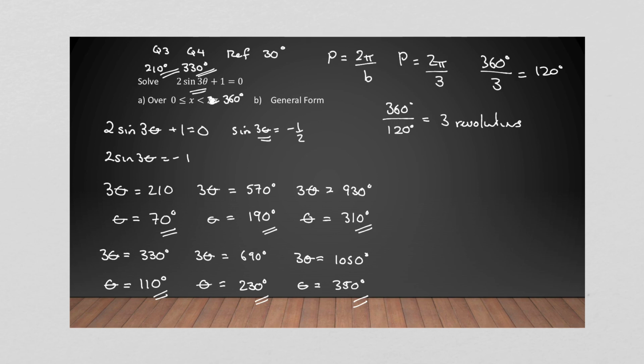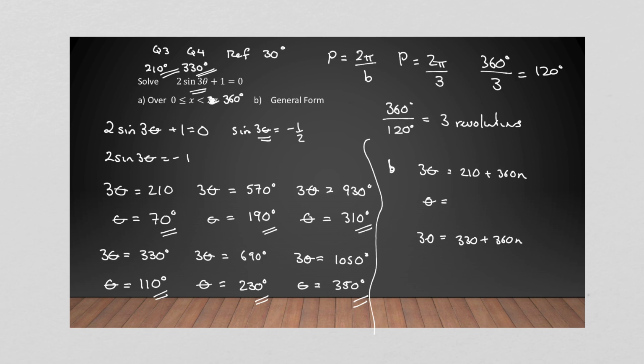Now, you could very well take your general solution. This is where the general solutions get a little tricky as well, because our general solution is 3 theta equals 210 plus 360n, and 3 theta equals 330 plus 360n. But we don't want 3 theta, we want 1 theta.